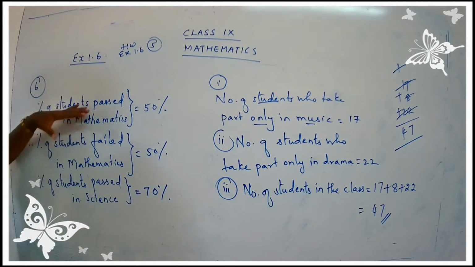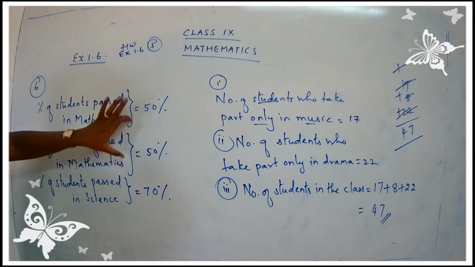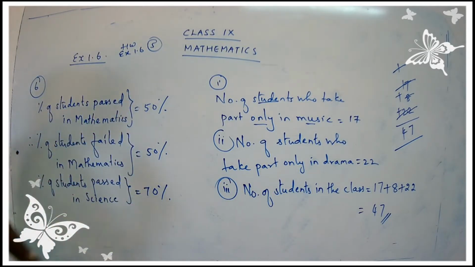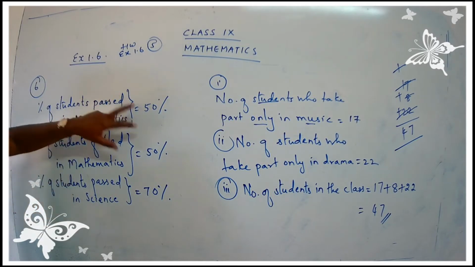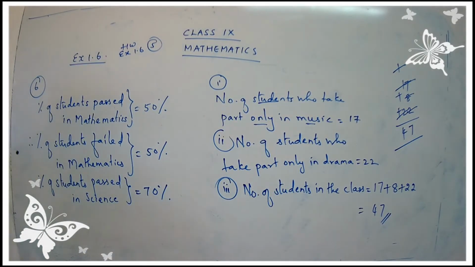Try to write the statement in 2 lines and put a bracket over there and write down. Try to write down all the numbers one below the other, so the presentation will look neat. Actually, the way of presenting a word problem is the numbers to be written one below the other. This is the correct way. Write down. So percentage of students passed in science is equal to 70%.